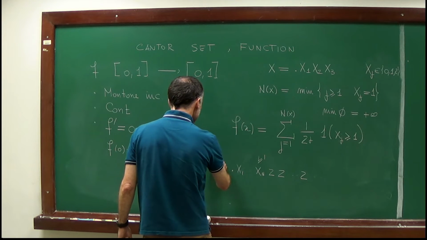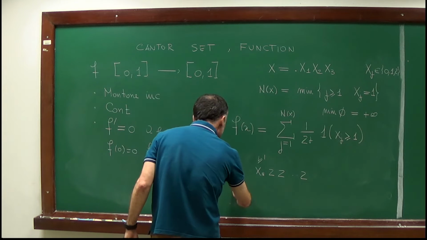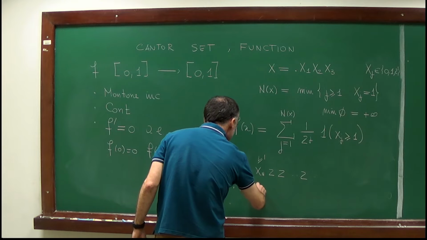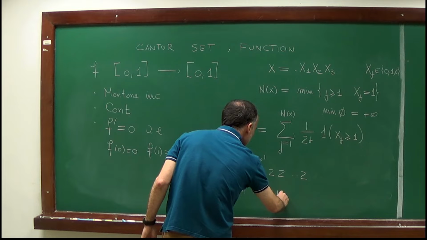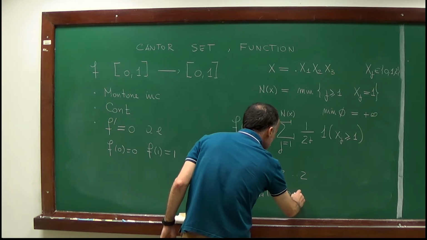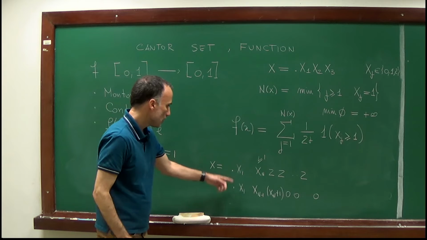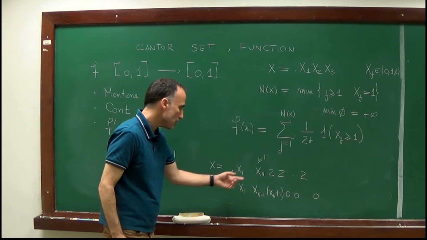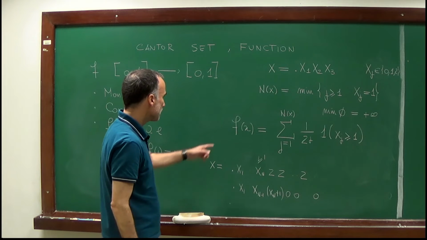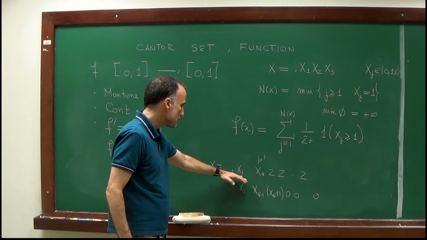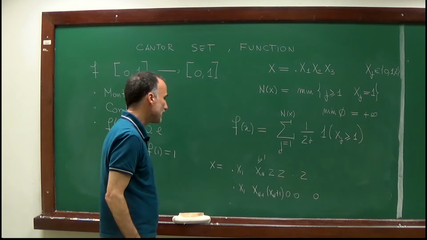So we have that possible representation for a point, but we have an alternative representation which is x1, ..., xn minus 1, xn plus 1, 0, 0, 0. Right? These two points are the same. And let me check that if I compute f by using this representation, I get the same result that I get using that representation.